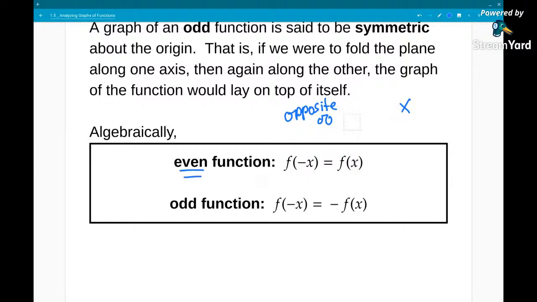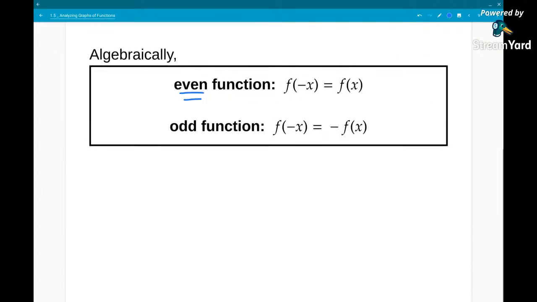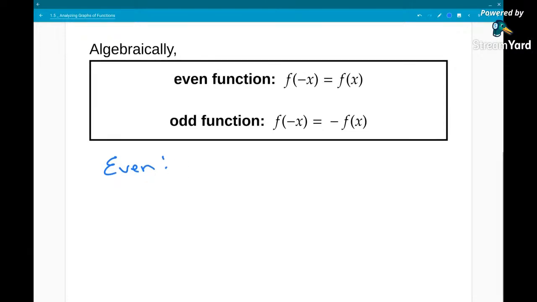If that is still confusing to you, this is a function machine of an even function. Even would mean this. We take x, it goes through some rule, we get back f of x.